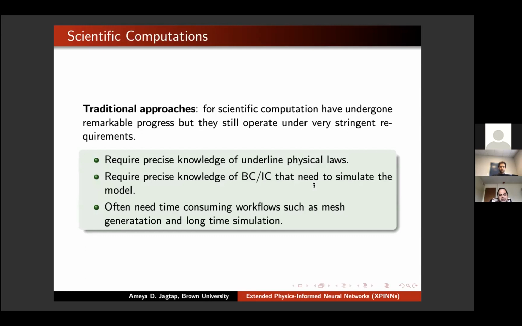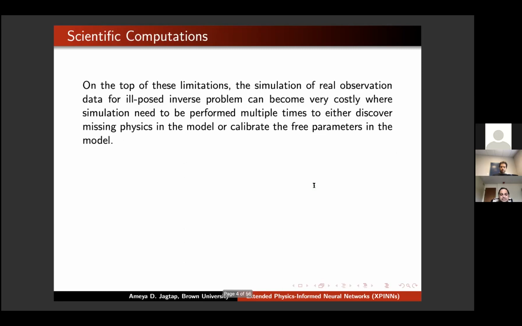They also require precise knowledge of boundary conditions and initial conditions for the simulation, and often they need a time-consuming workflow such as mesh generation and long-time simulation.